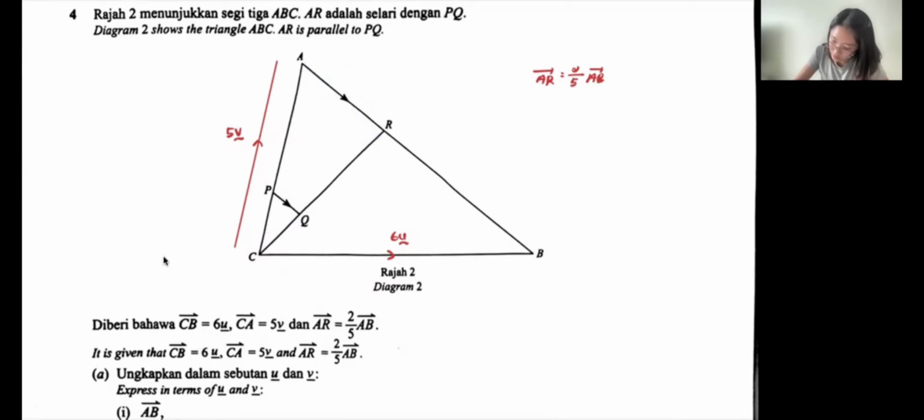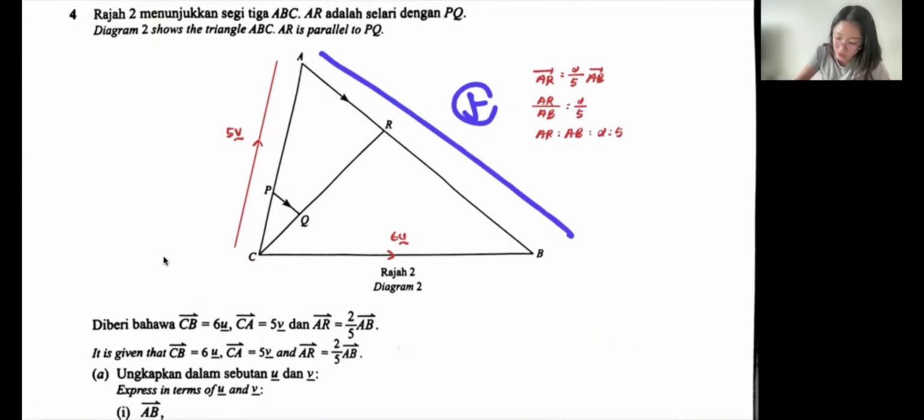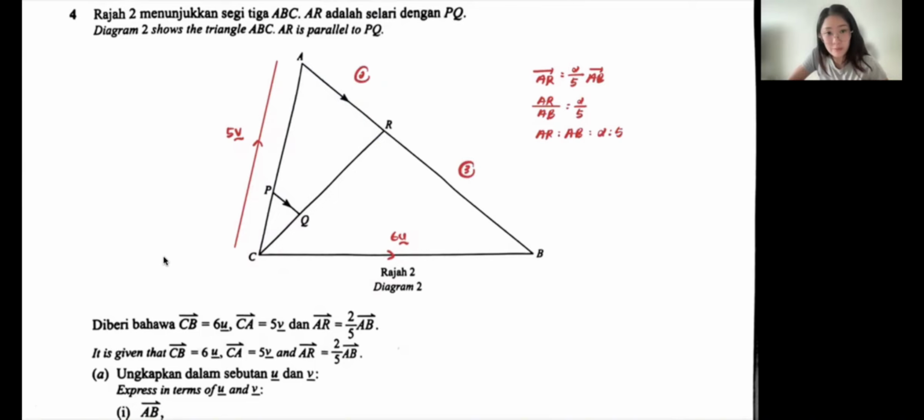So I can write it in ratio form for you to see it clearly. 2 over 5, this is proportional form. AR to AB equals 2 to 5. The whole thing over here is 5 parts. If AR has taken 2 parts, meaning this is 3 parts over here. This is ratio, yeah?